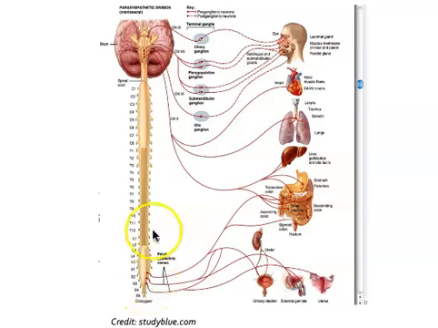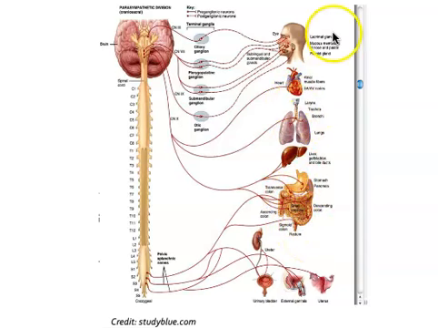That preganglionic neuron is going to send out its axon into the periphery, and it's going to synapse with a postganglionic neuron at a ganglion that is somewhere close to or actually within the target organ. So we're not looking at chain ganglia right next to the spinal cord when we're talking about the parasympathetic side. The postganglionic neuron is going to send its axon to the effector organ, to the target organ.